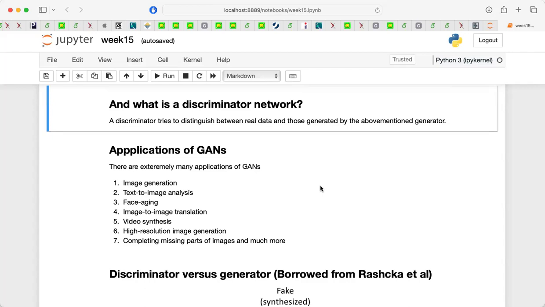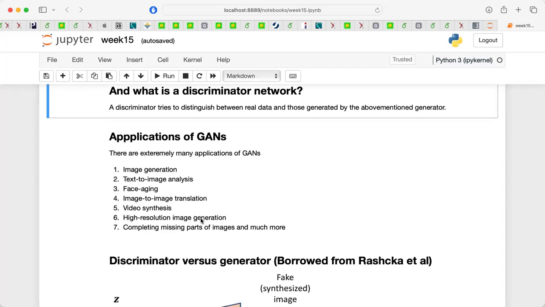Although the energy-based models have seen a revival in the last years due to replacing the energy-based model with, say, a neural network. But GANs are extremely popular and widely used for image generation, text-to-image analysis, face aging, image-to-image translation, video synthesis, and much, much more.